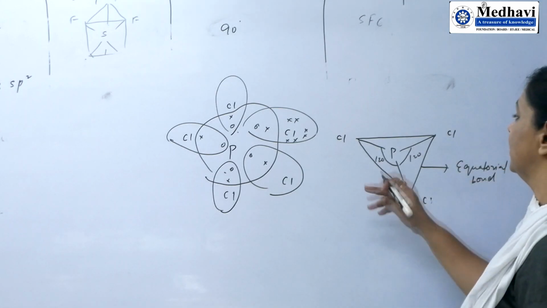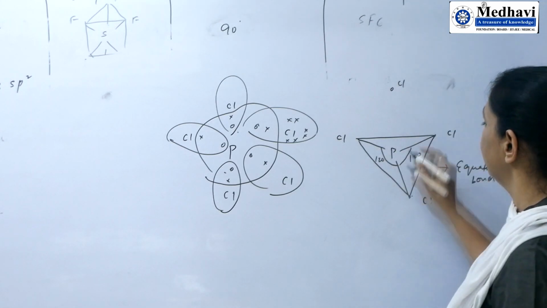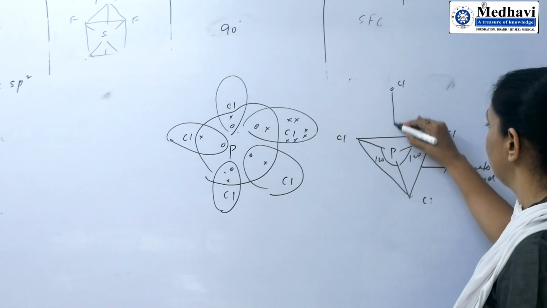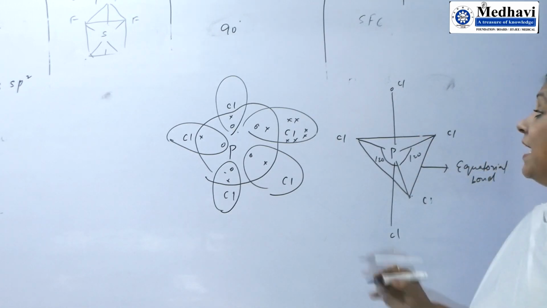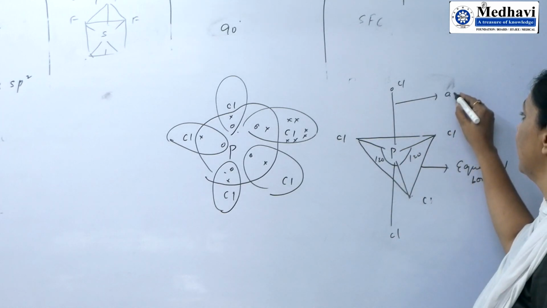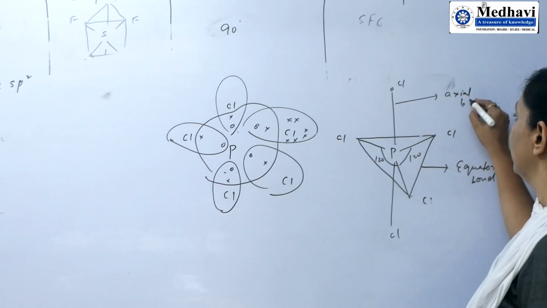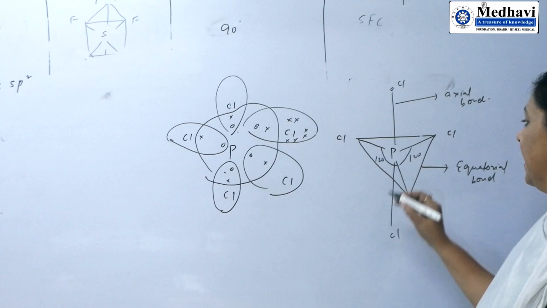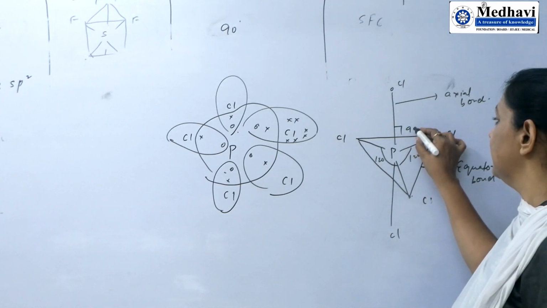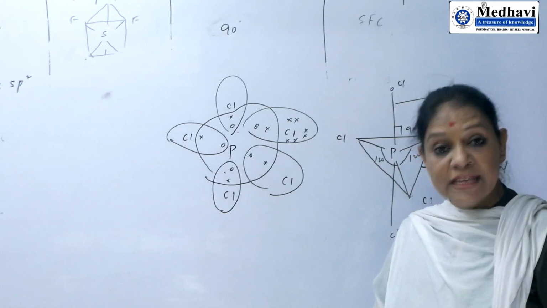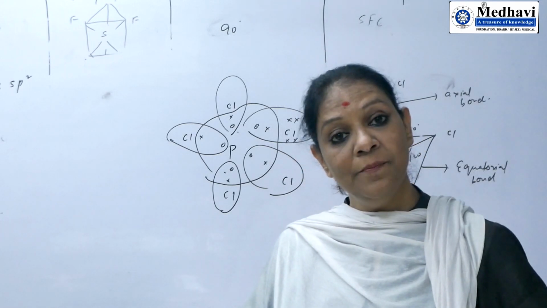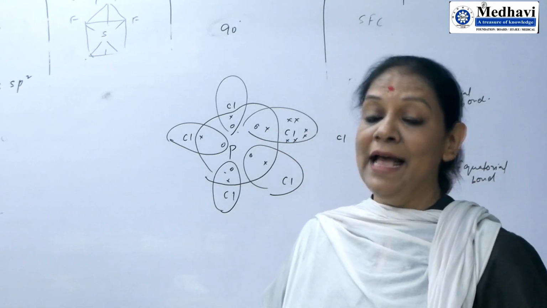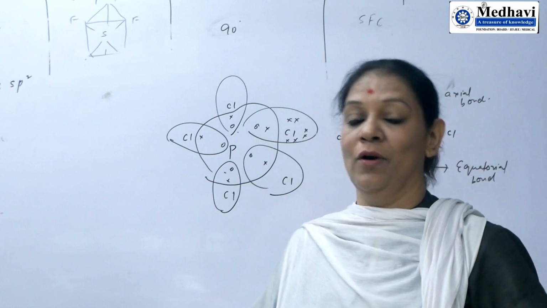Two extra bonds here, that is perpendicular to it. This bond is known as axial bond, and its angle is 90 degree. So you can say that for the formation of PCl5, we need 2 types of bond. One is the axial bond and second is the equatorial bond.